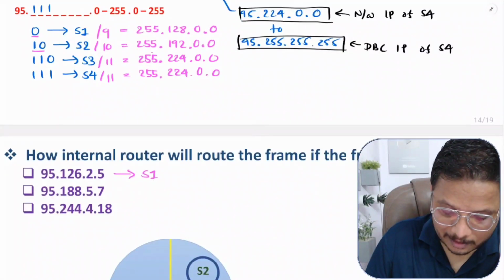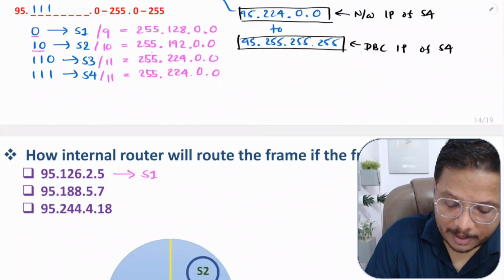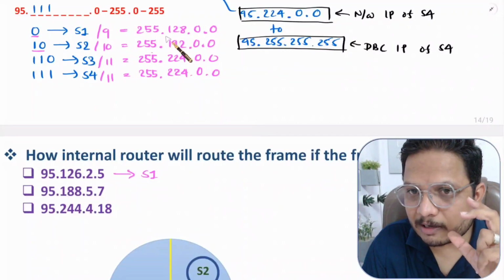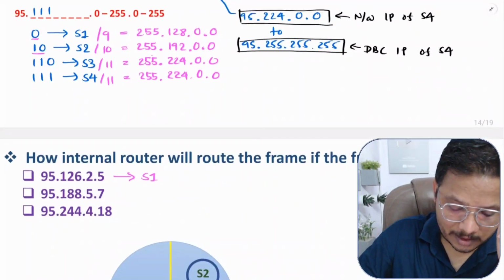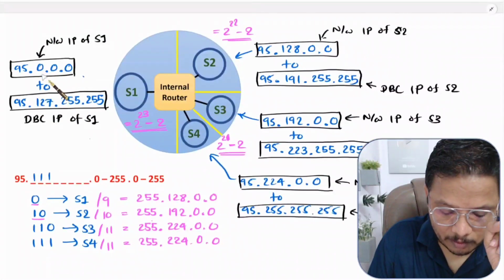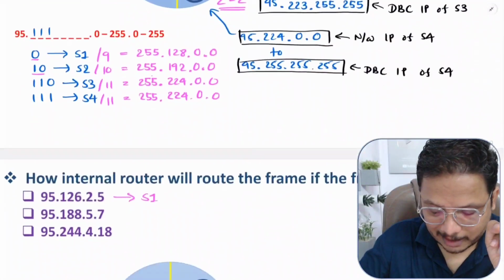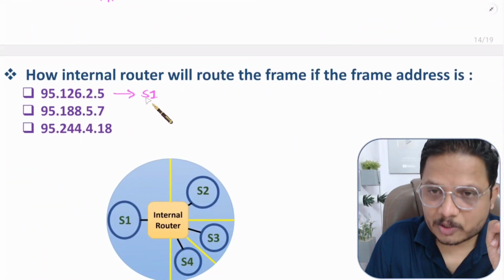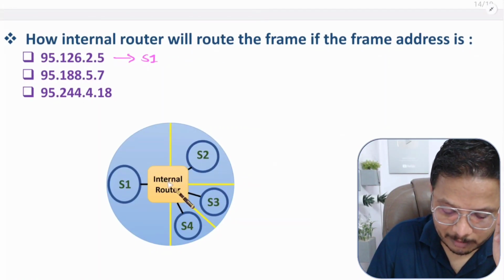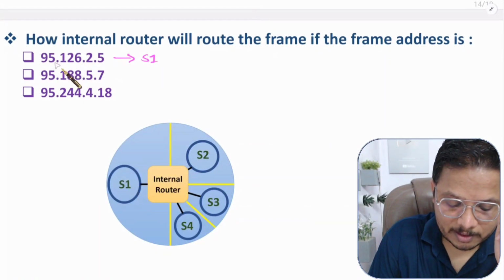Why? Because all the IPs fall in the range of 0 to 127. So you can directly say this IP belongs to S1, and the frame received by this internal router will be routed to S1.